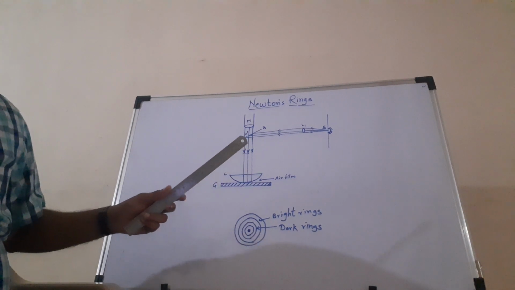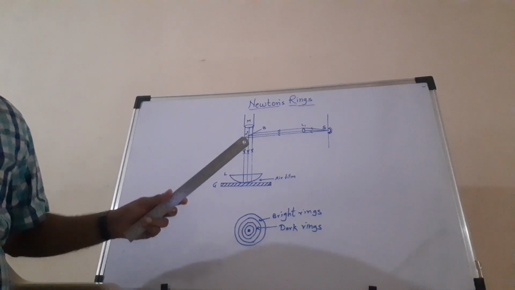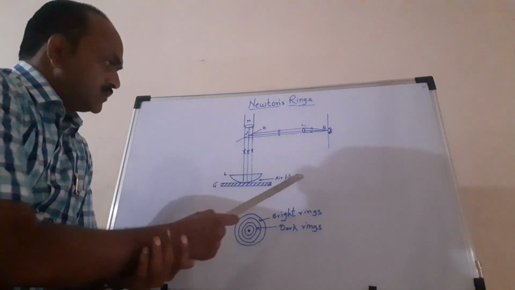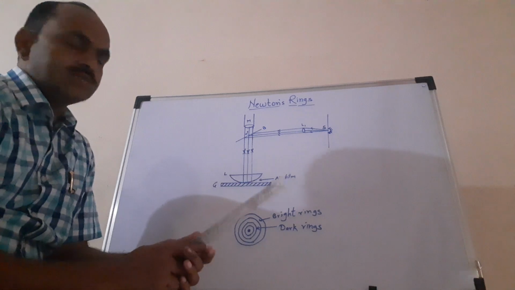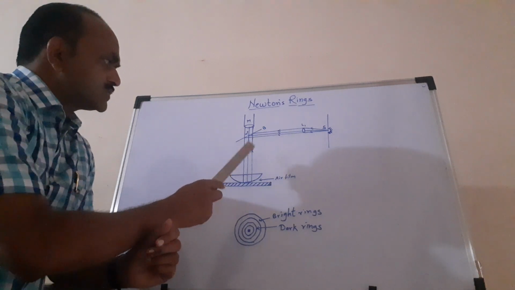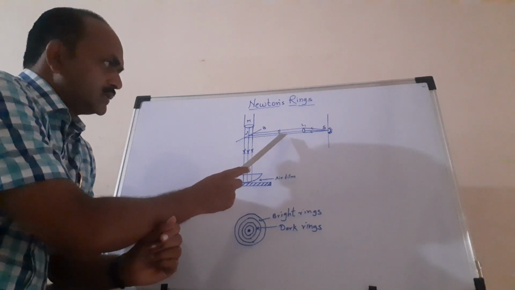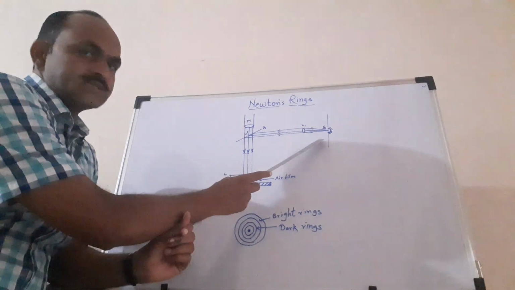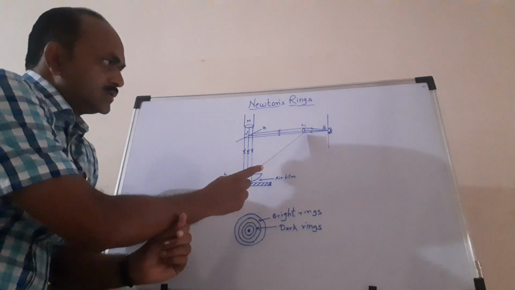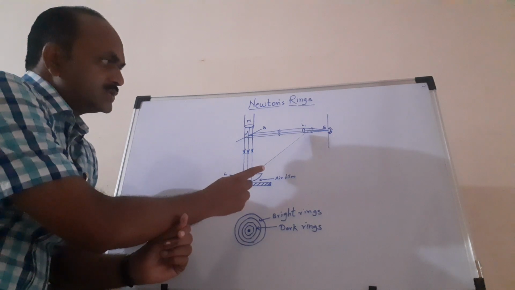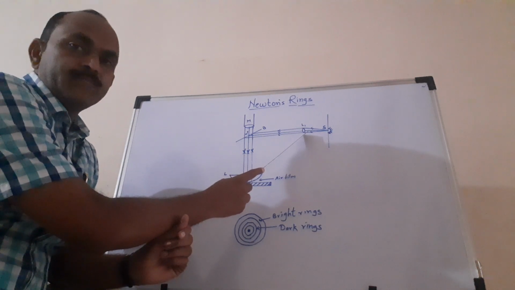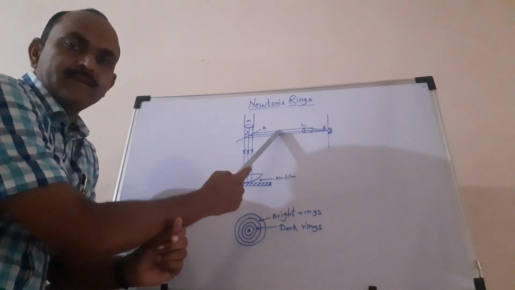So the Newton's rings are formed due to the interference produced between rays coming from the source S, which fall incident on this lens L1, which makes the beam parallel.